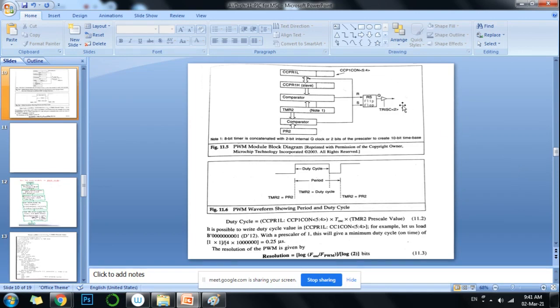Okay, now let us see how this model works in PWM mode. The logic block diagram when the model is operating in PWM mode is shown here. Just look at it.